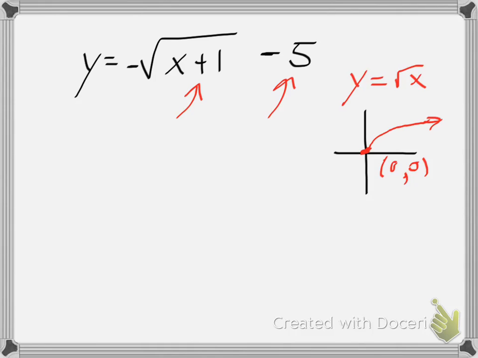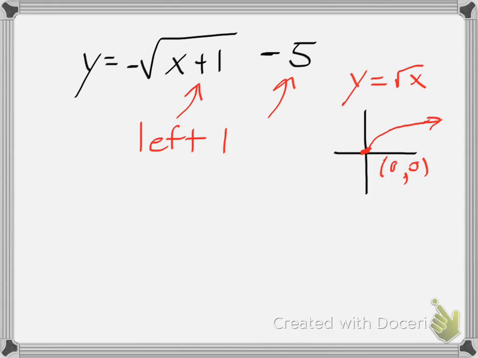Likewise, a translation on the outside, subtracting 5, for example, which is clearly not inside the radical, refers to a vertical translation. And recall that horizontal translations have a reverse effect. So in other words, saying x plus 1 doesn't mean I move to the right 1, it means I actually move left 1 unit.